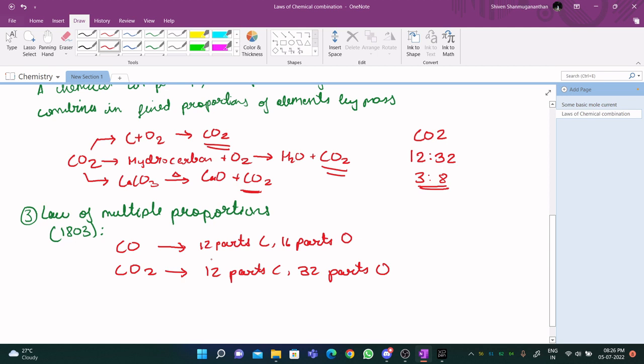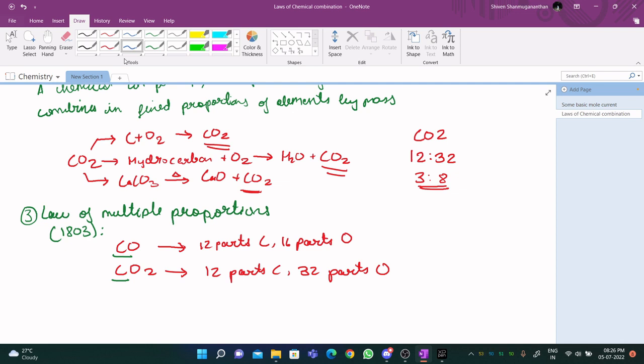Now again, the ratio of the masses of the oxygen which is combined with the fixed mass of carbon. If you see, both these compounds have the same number of carbon atoms. We have C and we have C, one in both cases. So the ratio of the other element, oxygen, which is combining with this fixed mass of carbon, is what this law is talking about.